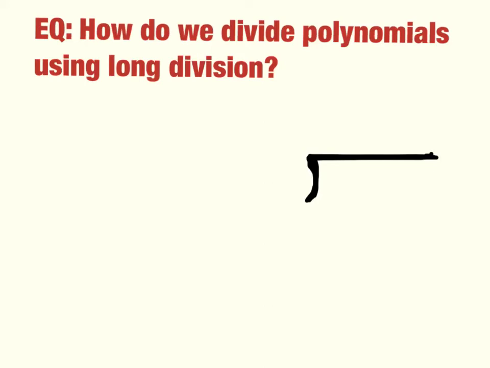Just some vocab. The thing that's being divided is called the dividend. The thing that's dividing that is called the divisor. And then this would be our quotient.